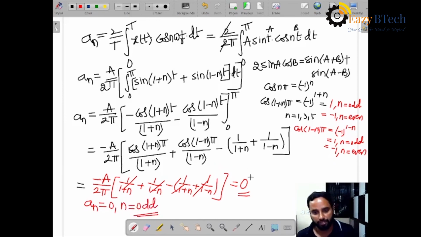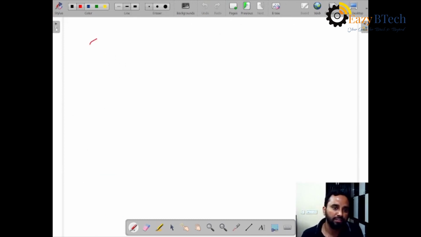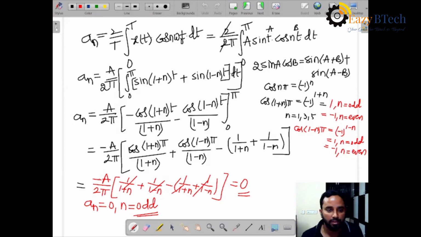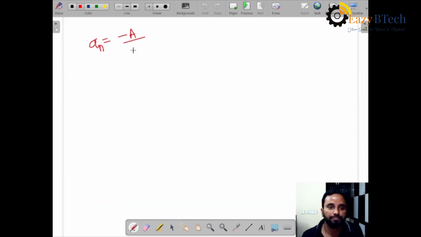Next, even. If you take n is even, so an is equal to minus a by 2 pi, minus 1 by 1 plus n, because n is even.